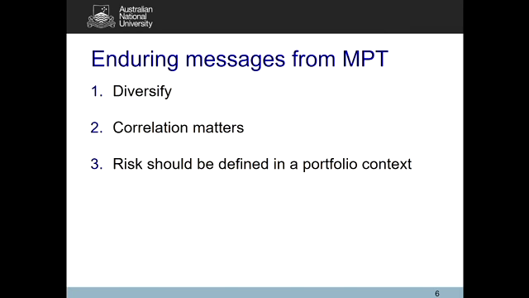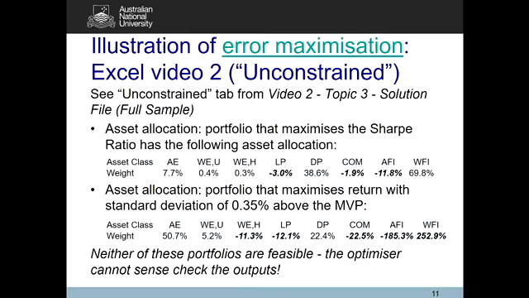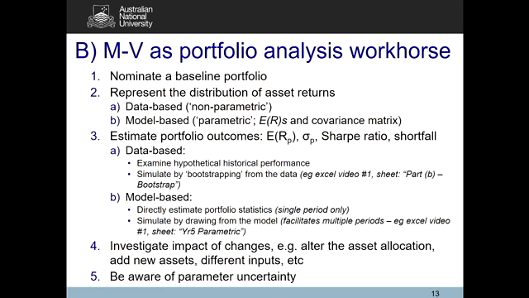They're messages so simple that you learnt them in Foundations of Finance, but they really do matter. They should be considered when it comes to constructing portfolios. If you keep those messages in mind, then you can use modern portfolio theory to help you gain a portfolio without relying on an optimizer that is so sensitive to small mistakes in inputs.